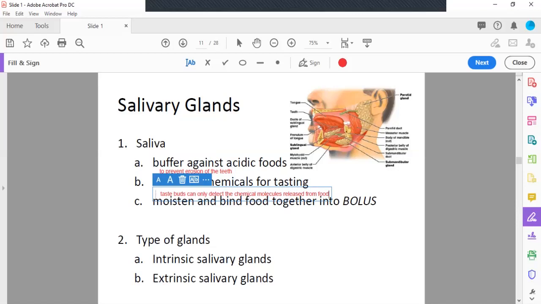Also, saliva helps to moisten and bind the food together into a bolus. And the bolus is formed in the mouth.